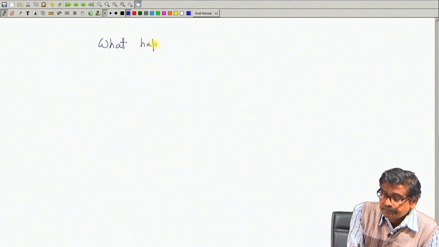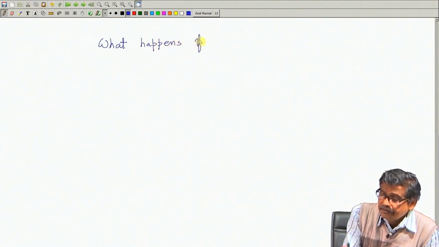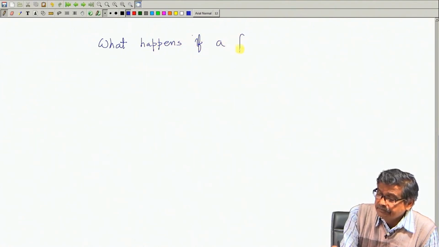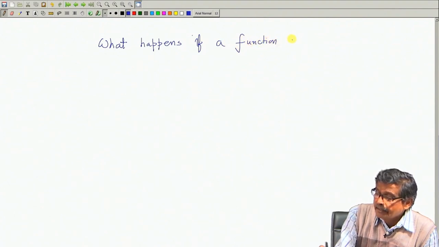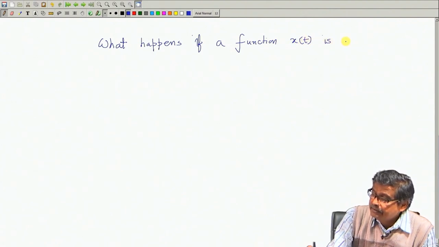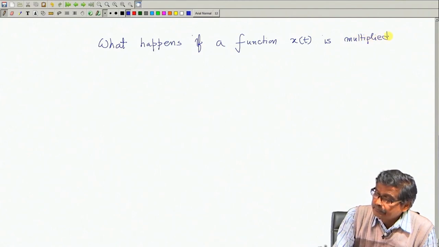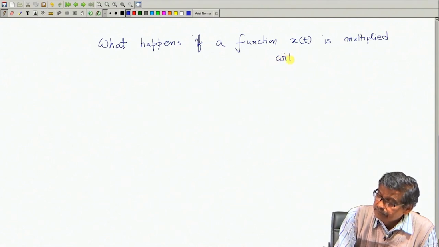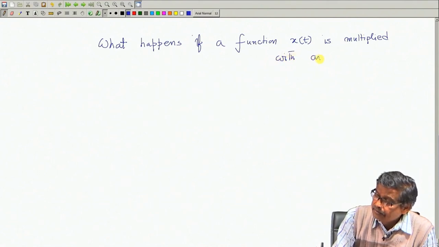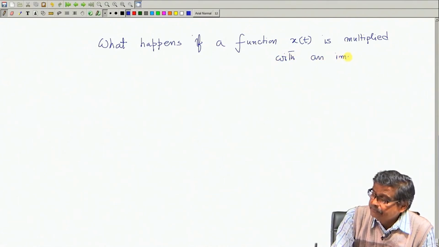What happens if a function x(t) is multiplied with an impulse function?